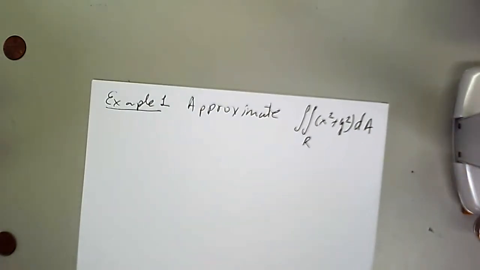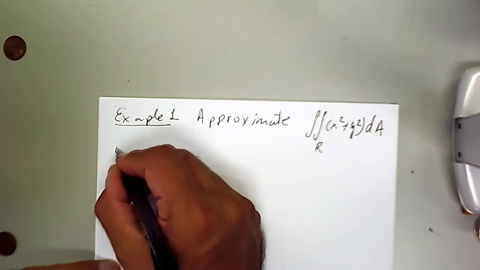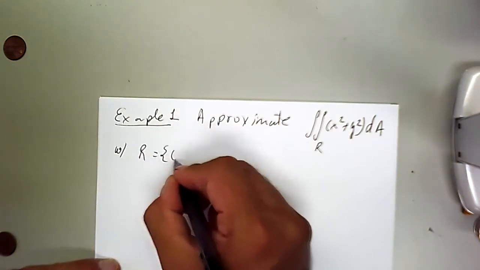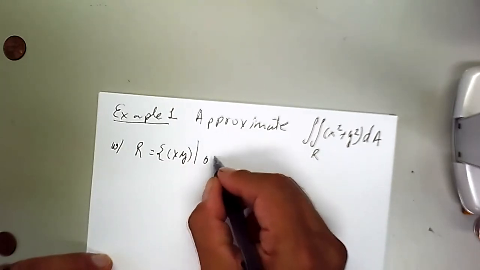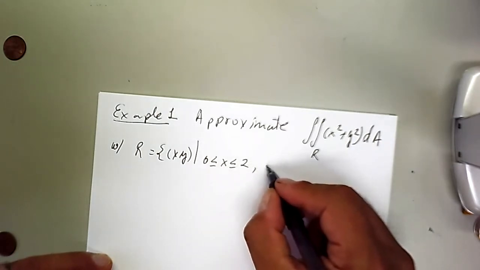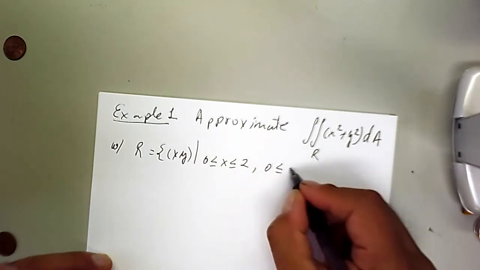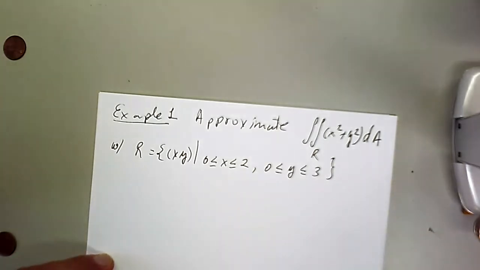And we're going to say what the region is. Let's keep things a little simple for purposes of this. So the region is the set of all the x, y inputs so that 0 is less than or equal to x less than or equal to 2, and 0 is less than or equal to y less than or equal to 3. So that is the region of this example.